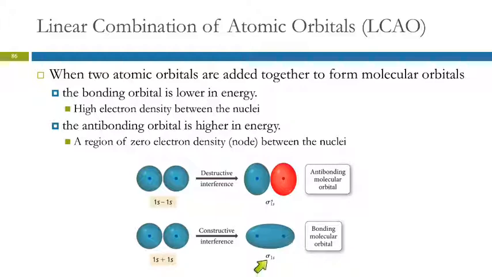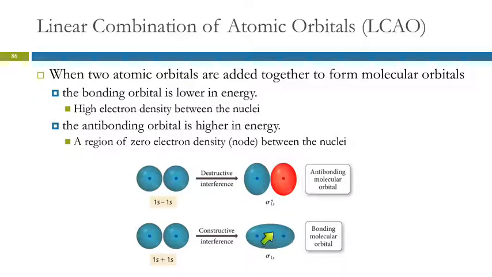So we get this sigma, we call this a sigma 1s because it's formed from 1s orbitals. This one's sigma star 1s because it's also formed from 1s orbitals. Notice that we start with two atomic orbitals, we end up with two molecular orbitals. So however many orbitals you throw in here, you're going to get the same number out. It's the same idea as with valence bond theory.